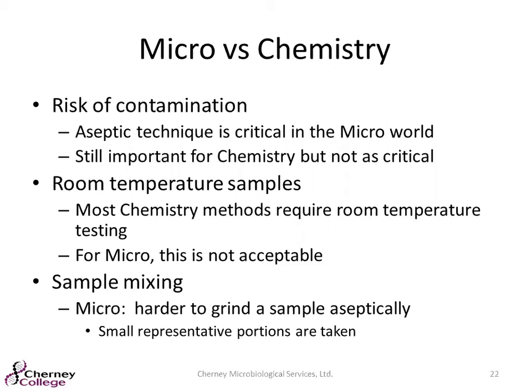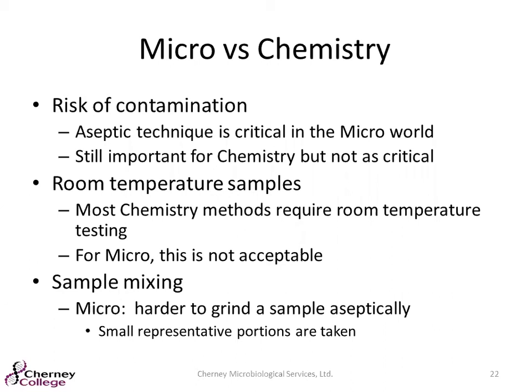Room temperature samples: most chemistry methods are going to require that the samples sit out at room temperature before you start testing them. As I've also said, for micro this isn't acceptable, because after 20 minutes, or a maximum of 20 minutes, they're going to start to replicate. So you really want to get that sample out of the refrigerator for micro and set up as quickly as you can.